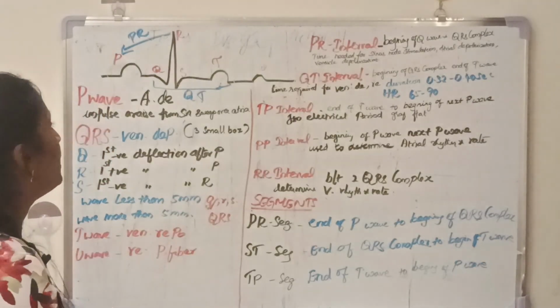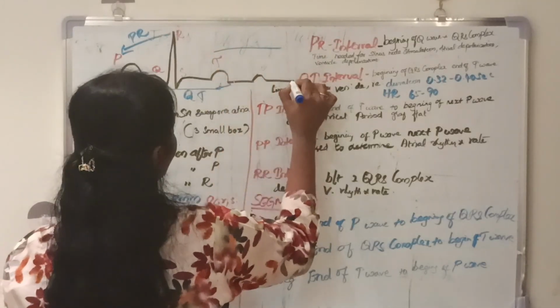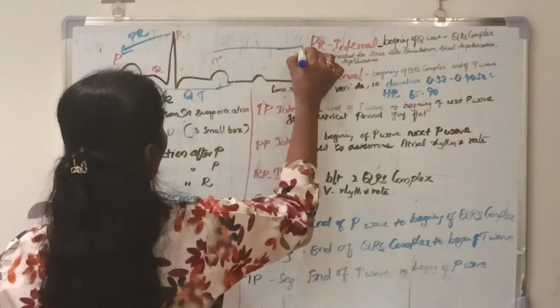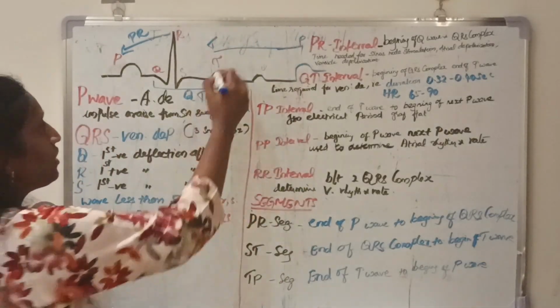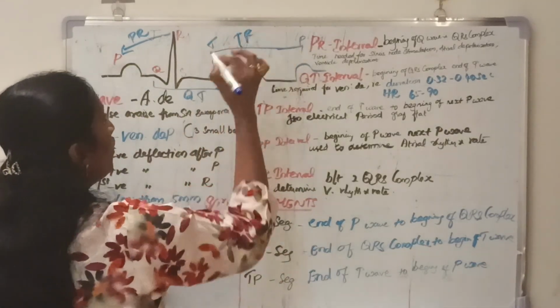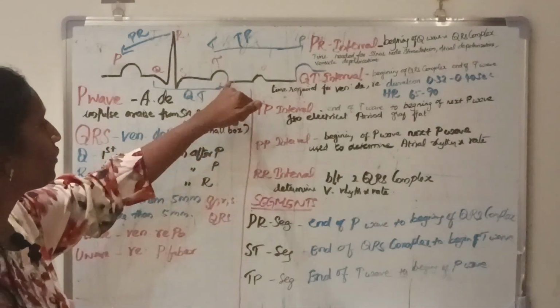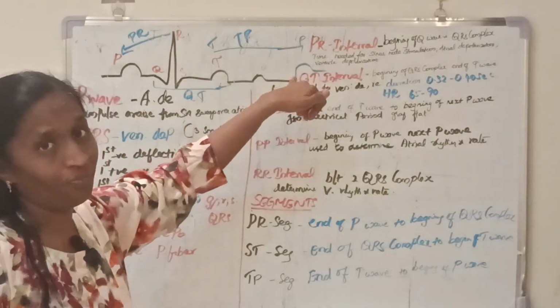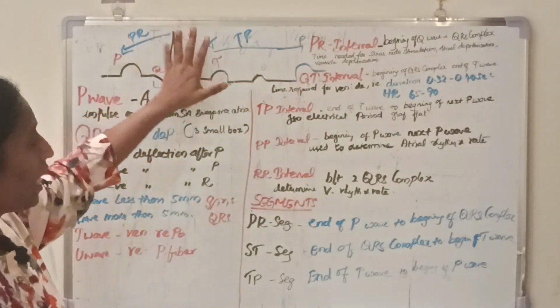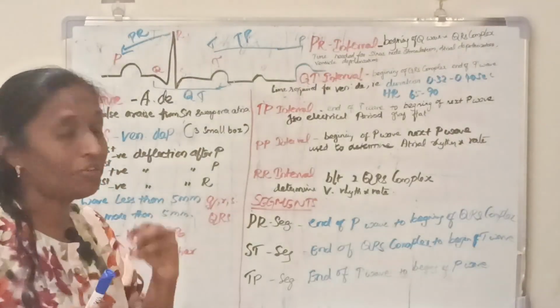The next interval is the TP interval. In the TP interval there is the end of the T wave and then the beginning of the next P wave, so the next beat is going to start.